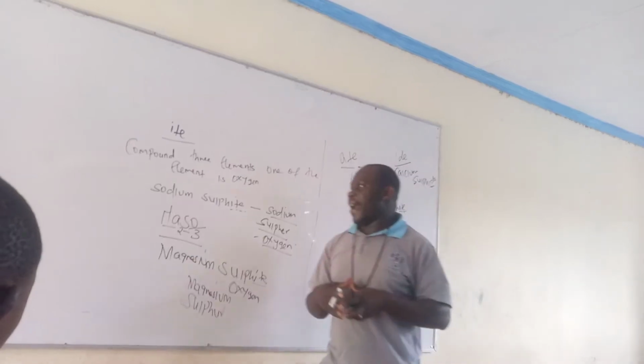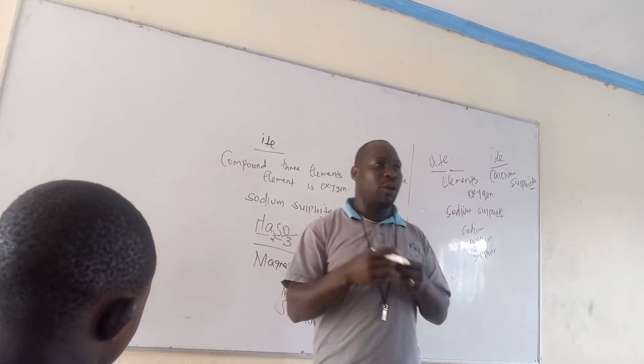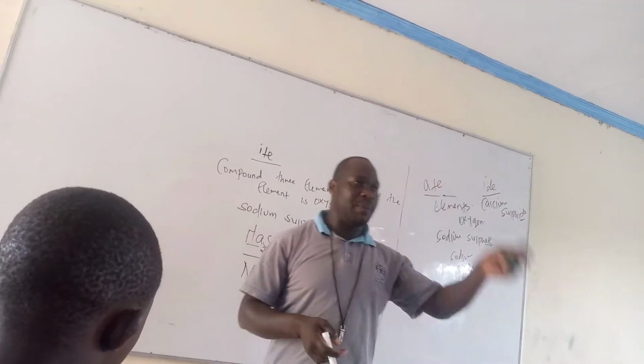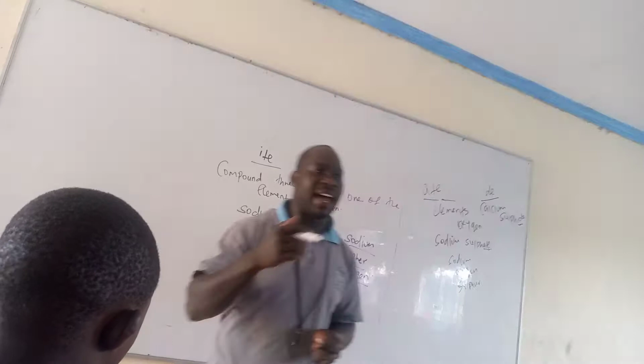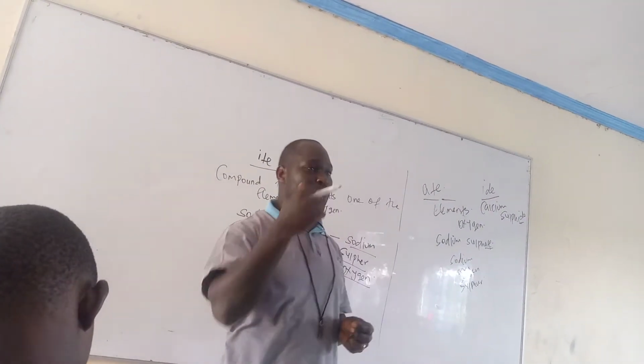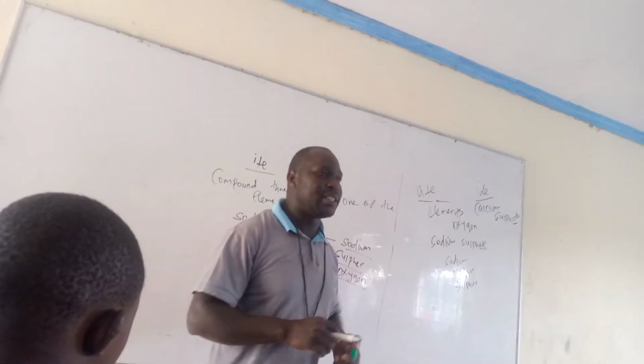So we need to know, if we are given an exam, they can tell you to identify the elements that make up the following compounds, and then they list them for you, maybe sodium sulfite, sodium sulfite, zinc sulfate.